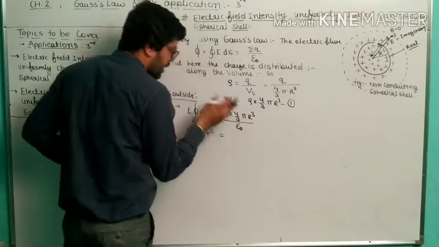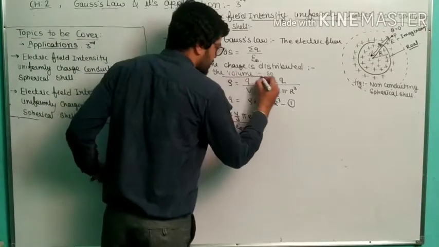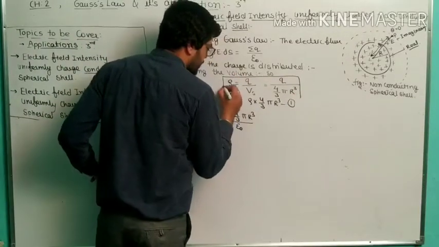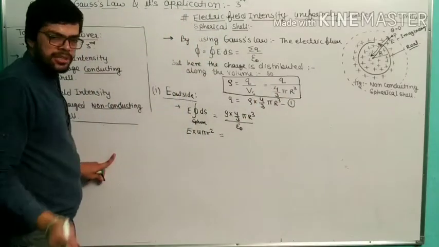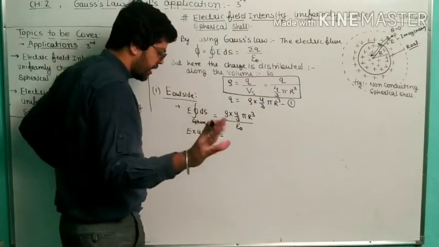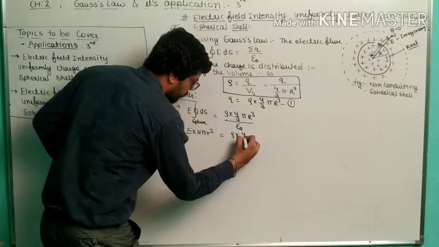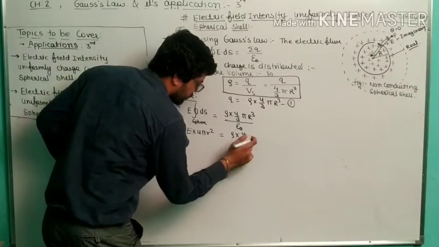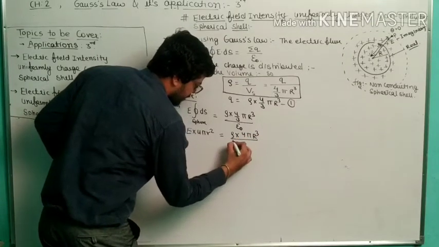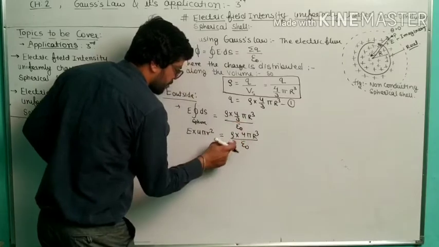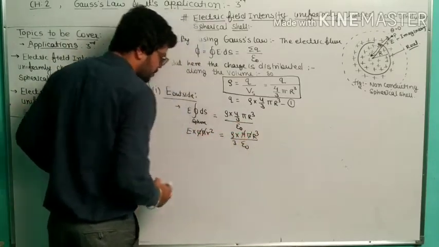Previously I already explained, similar to that particular thing is available. Only the difference is the type of distribution is volume charge distribution. So now E into 4 pi r square equals rho into 4 pi R cube, divided by 3 epsilon naught. The 3 will be in the denominator, 4 pi cancel out.